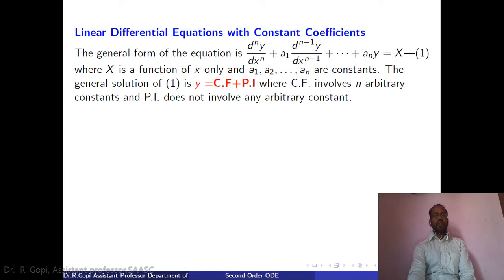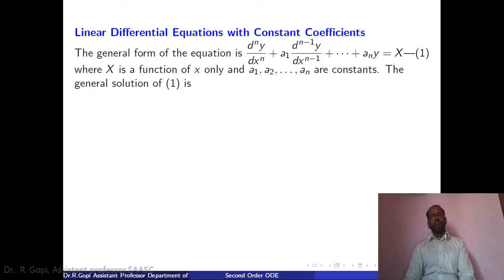Then the equation becomes D^n plus a1 D^(n-1) plus and so on, plus an, acting on y, equal to capital X. The equation contains n roots, and the roots may be distinct, equal, or complex. The equation can be homogeneous or non-homogeneous.